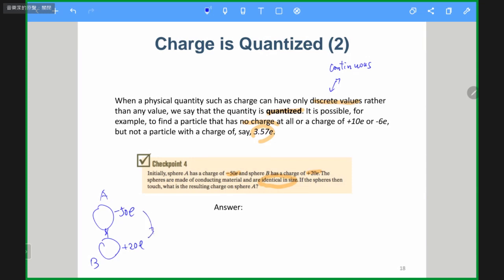The total charge is negative 50 plus 20, which is, sorry, negative 30e. This is separated between the two spheres, which means each sphere will have negative 30 over 2, which is negative 15e. So this is the answer, negative 15e. This is just a simple checkpoint.